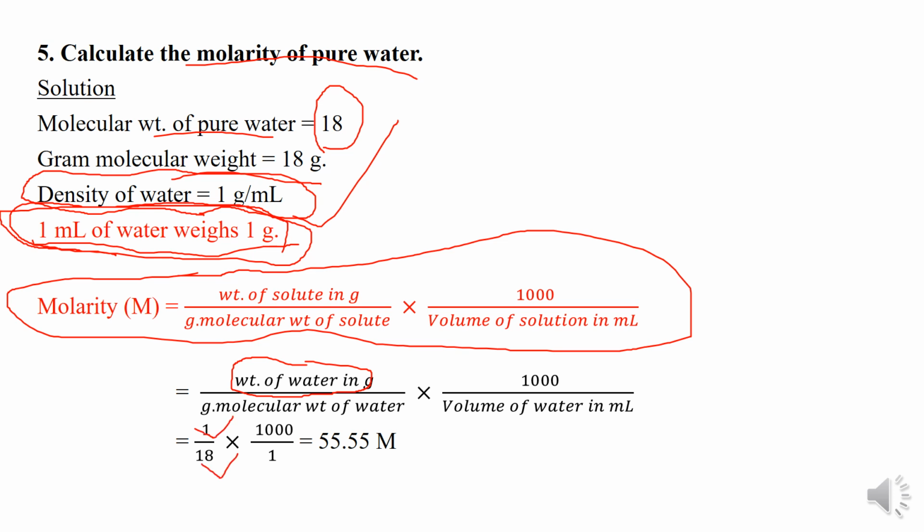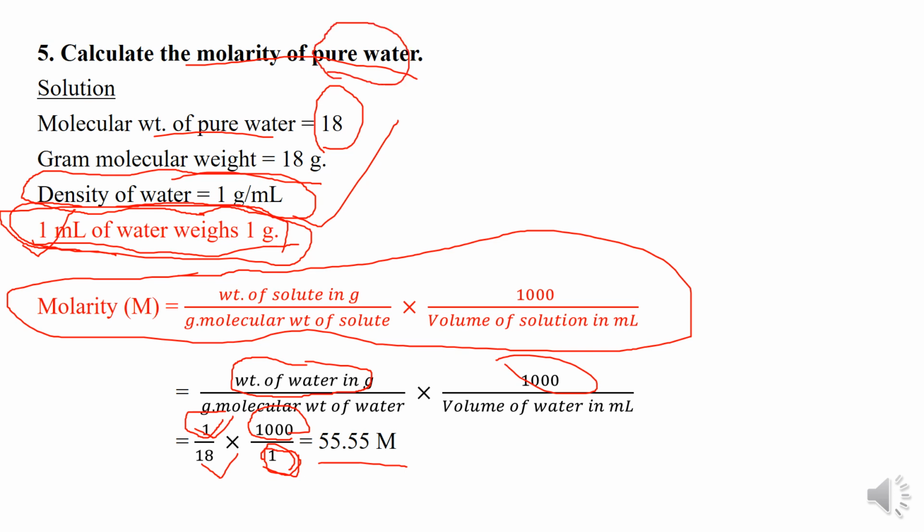Then 1000. Here is 1000 according to the formula. Then 1 means 1 ml. Here is 1 ml. So 1 gram of water occupies 1 ml volume. That means 1 ml of water weighs 1 gram. Then 1 by 18 into 1000 by 1. This is 1 ml and this is 1 gram. Then answer will be 55.55 molarity. Then pure water means it is pure.